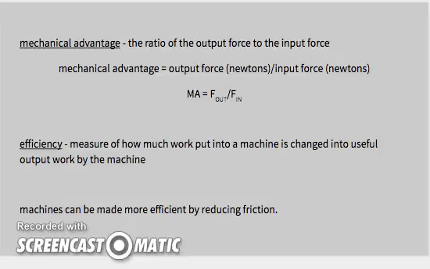Then they realized that if we put oil on the machine so that the metal parts could slide past each other and reduce friction, it became more efficient. The machine ran better. That's why it's so important to make sure our cars have oil in them on a regular basis, because it reduces that friction.